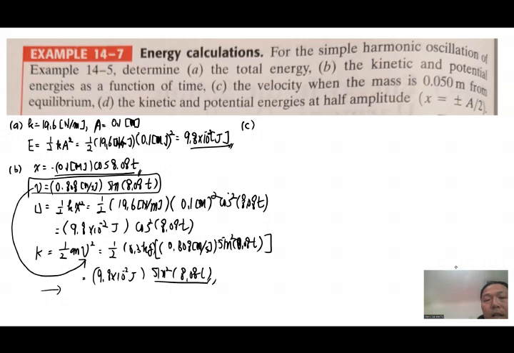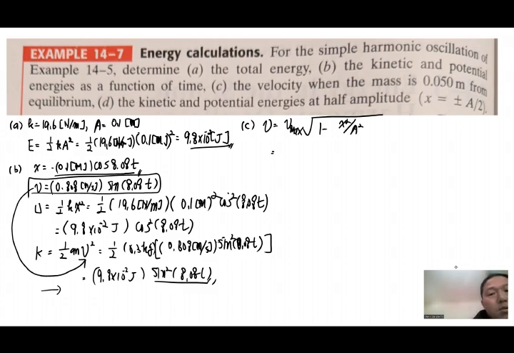And the number C, we have to determine the velocity when the mass is 0.05 meter from the equilibrium. So x should be replaced with 0.05 from maximum amplitude. So v is v maximum times the square root of 1 minus x squared over maximum amplitude squared.